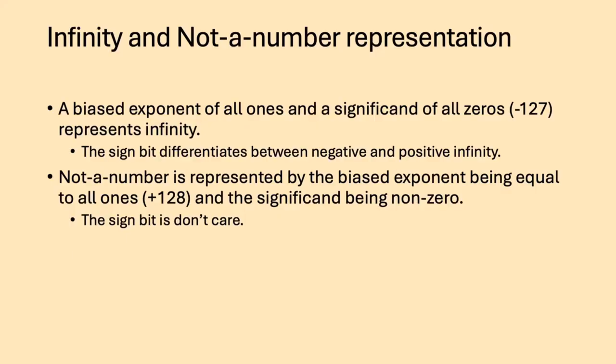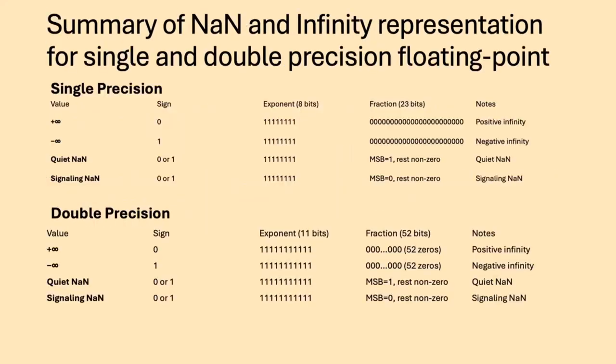The fractional part is all zeros. Not a number is represented by the bias exponent being equal to all ones along with the fractional part being non-zero. The sign bit for not a number is don't care. The table shown summarizes how not a number and infinity are represented.